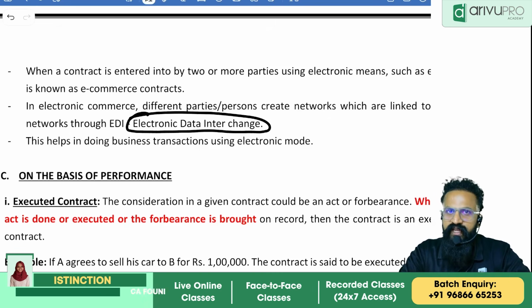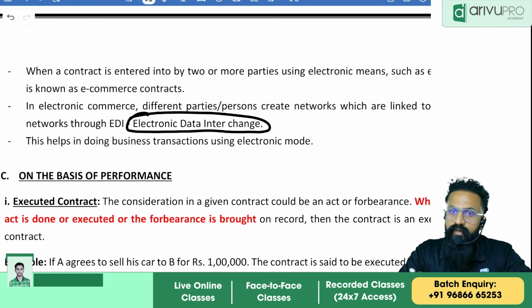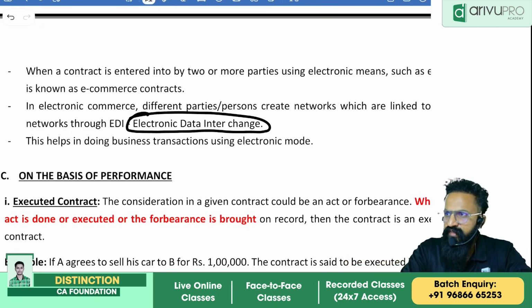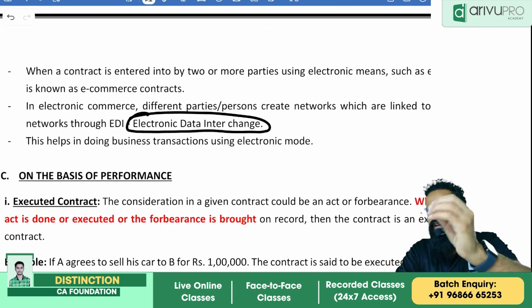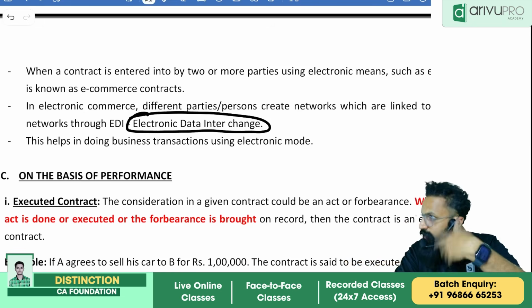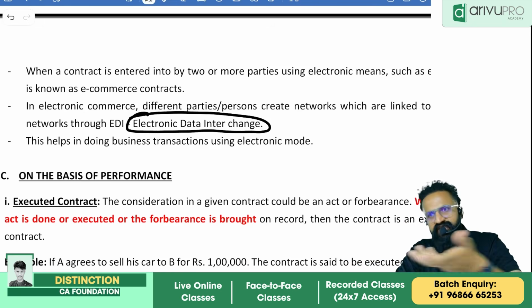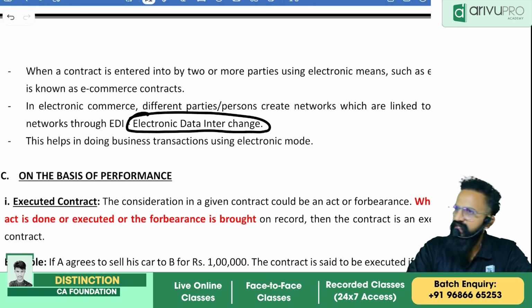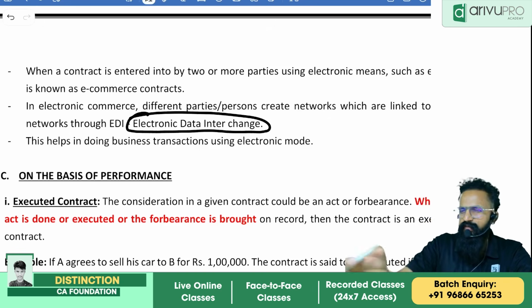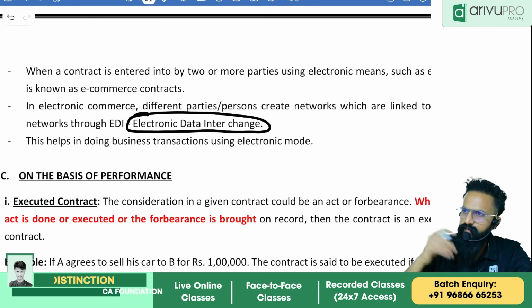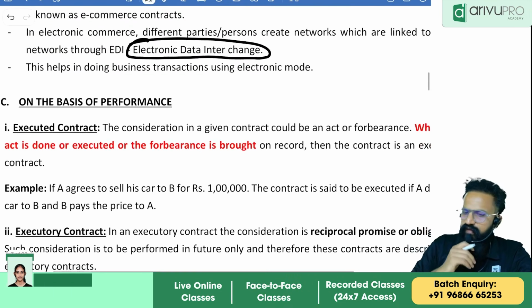So whenever you place an order on Amazon, Amazon is programmed in such a way that you will immediately get a confirmation email. No one is doing it manually. Such communications are called EDI. So the best example is email. All of those are your best examples of electronic contracts.